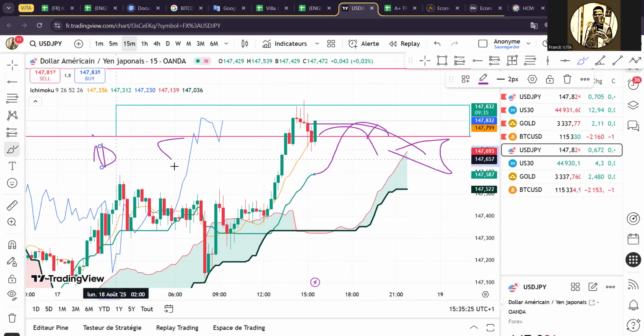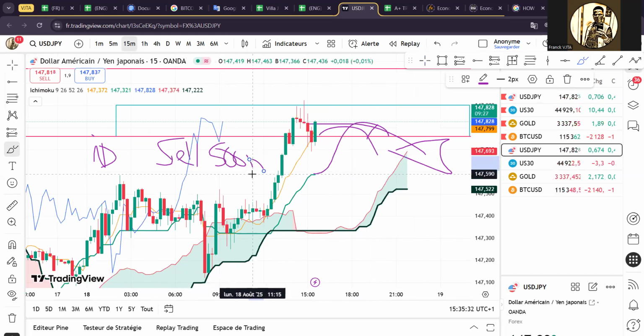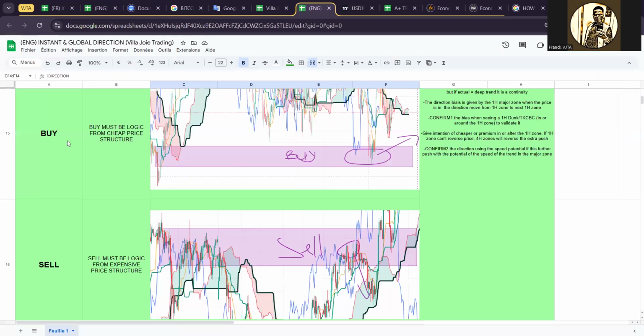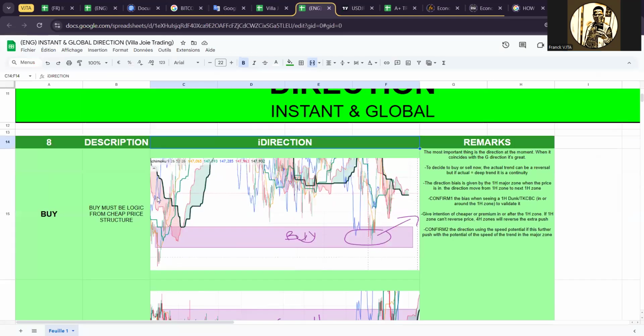Yes, it is a sell, but soon, not instantly, because you can have buy or sell based on zones or A plus setup.